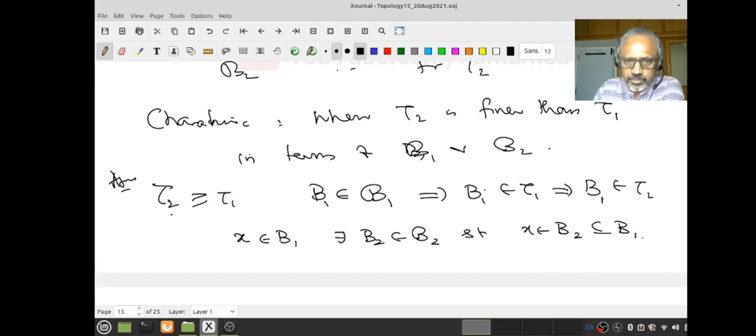If tau 2 is finer than tau 1, start with any B1. This is open in tau 1, therefore it's open in tau 2. Now start with any x in B1. Since B1 is open in tau 2, there is a basic element from B2, so that x belongs to B2 and B2 must be contained in B1.